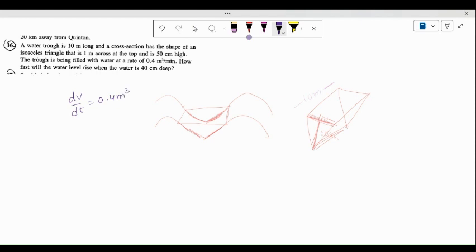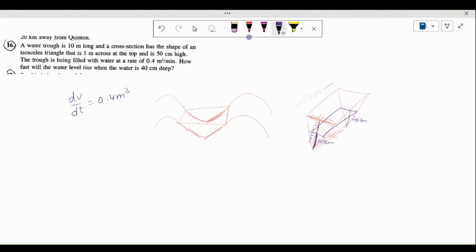And how fast will the water level rise when the water is 40 centimeters deep? So initially the water is 40 centimeters deep. So the water is at this level. From here onwards, the height will increase, right?